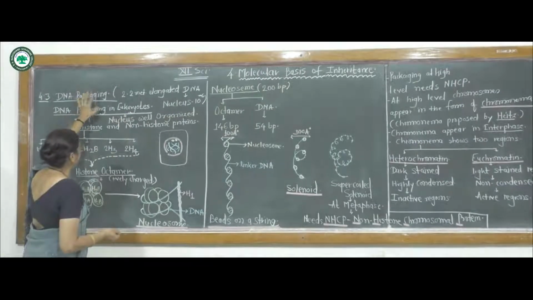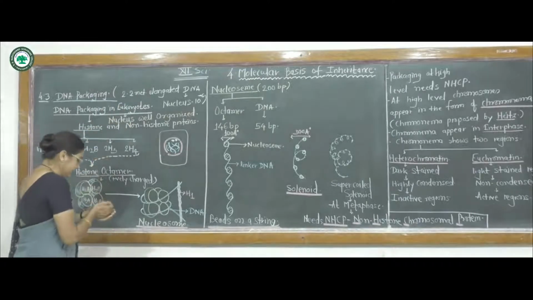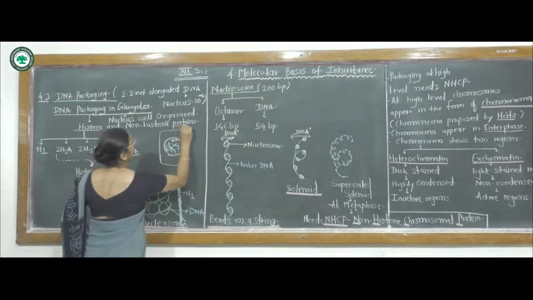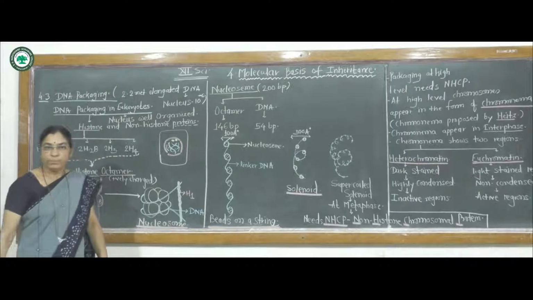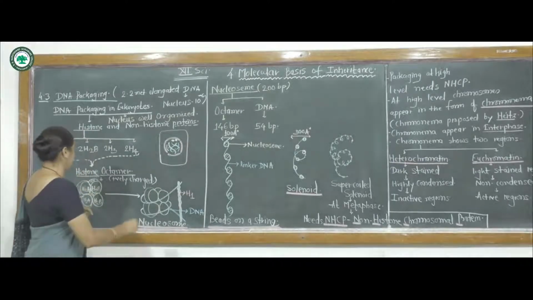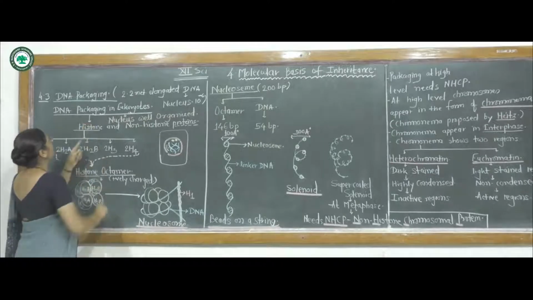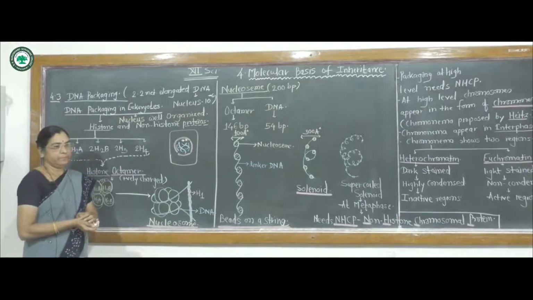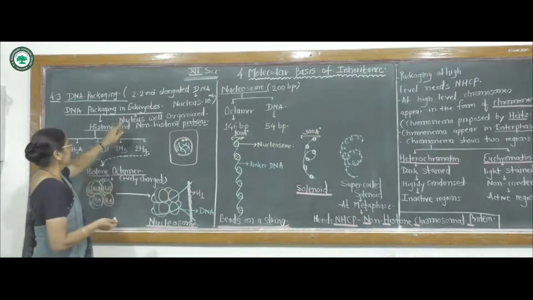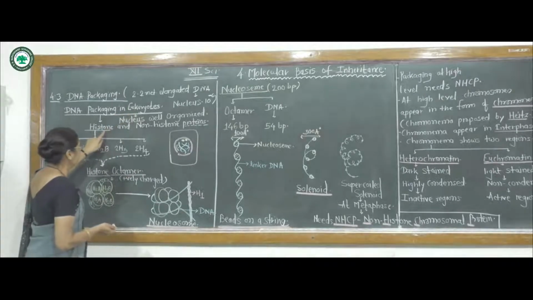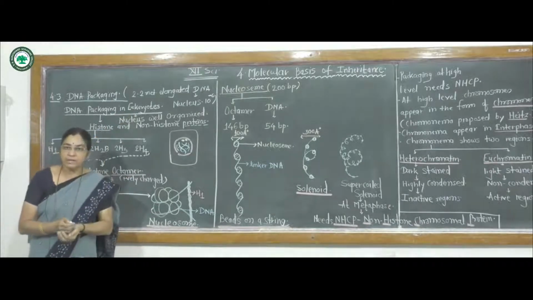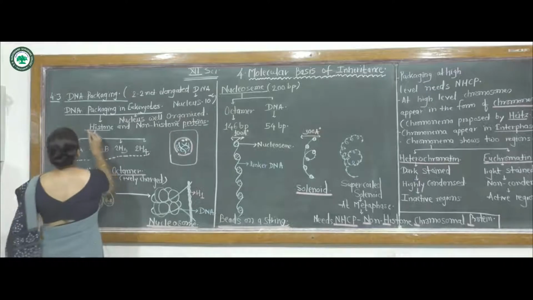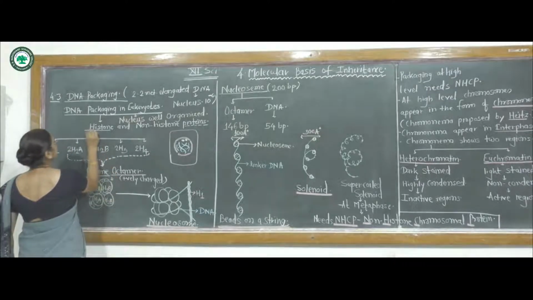At the time of the packaging of DNA in eukaryotes, the proteins play a very important role. The proteins are mainly of two types, histone proteins and non-histone proteins. The important feature of eukaryotes: the histone type of proteins are present only in eukaryotes.